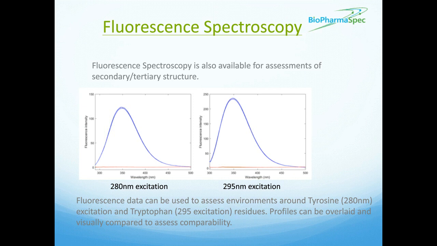The emission profiles that you see along the bottom of the screen at these different excitation wavelengths give you an idea of the local environments that these tryptophans and tyrosines are in. If they are in the same local environments, then you expect to have the same emission spectra, and therefore you are inferring similarity.